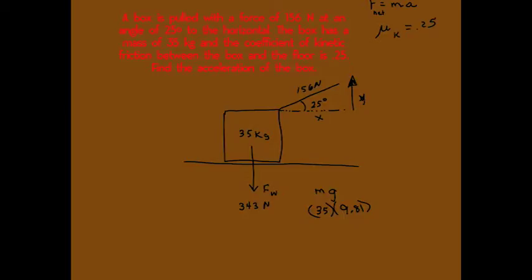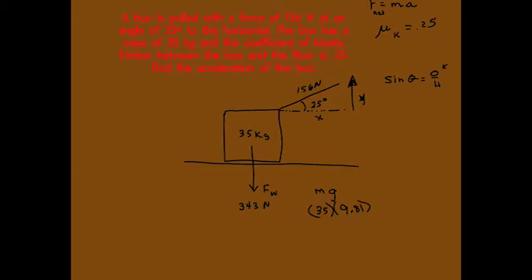Now, y, you'll notice, is opposite our angle of 25, and we use sine of theta equals opposite over hypotenuse. My 156 is the hypotenuse. My theta is 25. I can multiply both sides by my hypotenuse and find my opposite side, which is what I'm looking for.